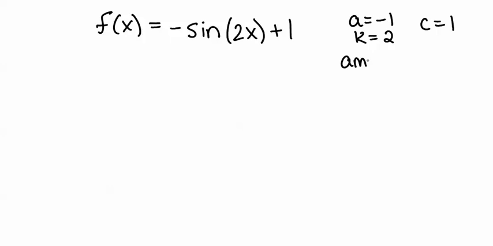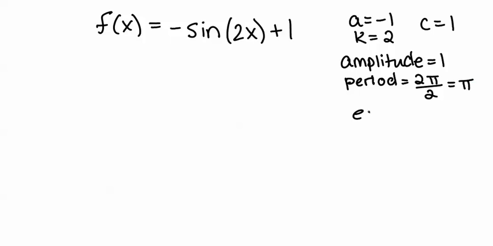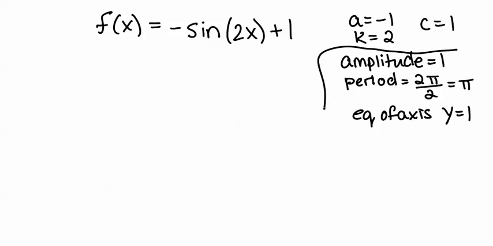So right away I know my amplitude of this graph is not going to change. It's going to be 1. I know the period of my graph is going to change because it has k values. So the period of my graph is going to be 2 pi divided by 2, which is just pi. And I know the equation of the axis is going to be y equals 1. So those are the key features of my graph.